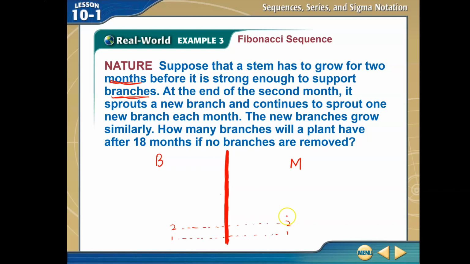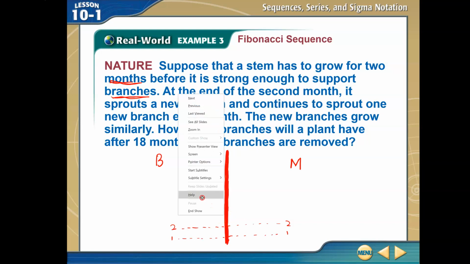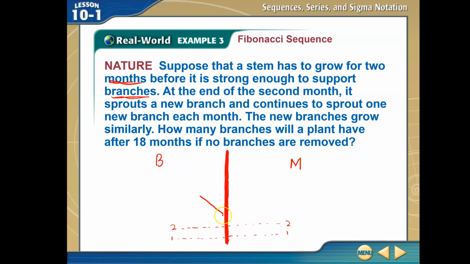Now the second month is right here. At the end of the second month it sprouts a new branch. So at the end of the second month, let's say right here, it sprouts one more branch, okay?